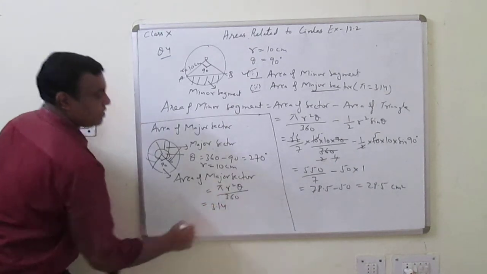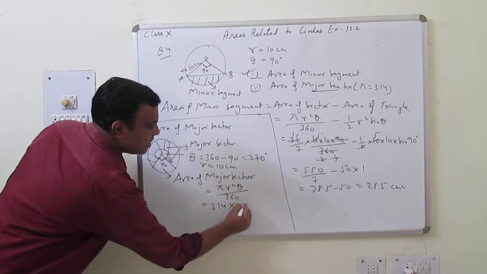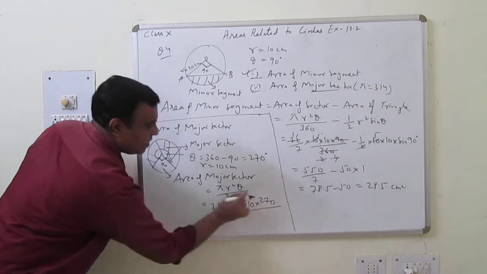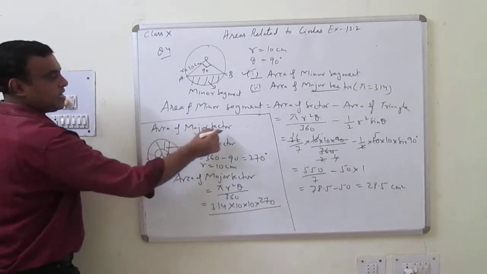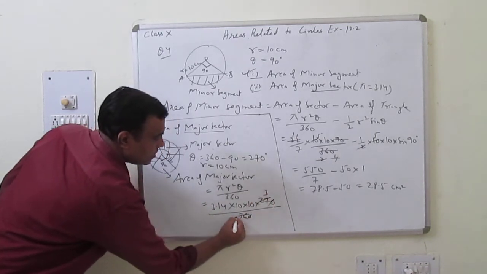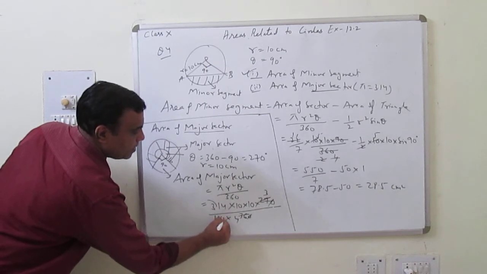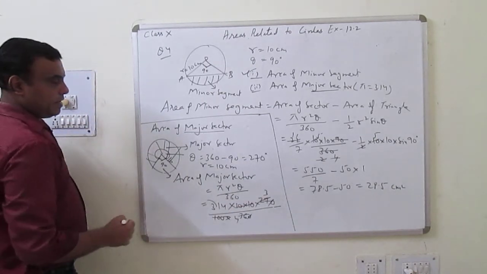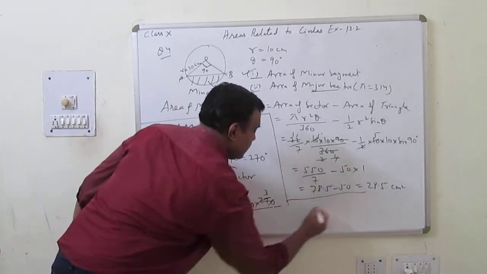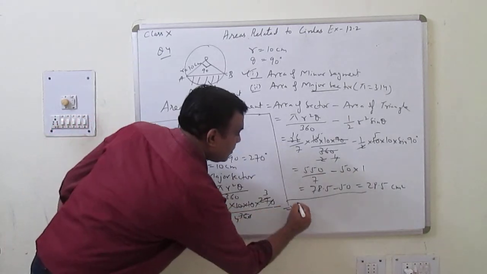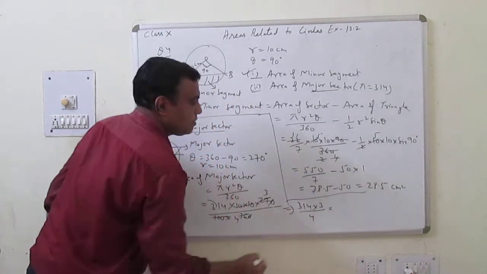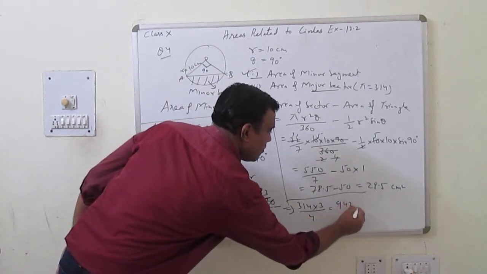Here pi you can take 3.14. R is 10, 10. Theta is 270 upon 360, because it is the major sector. 0 cancels 0, 9 3s, 9 4s, the decimal point will go, 100 comes down, 100 cancels 100. So it becomes 314 into 3 upon 4. 3 4s are 12, 942 upon 4.